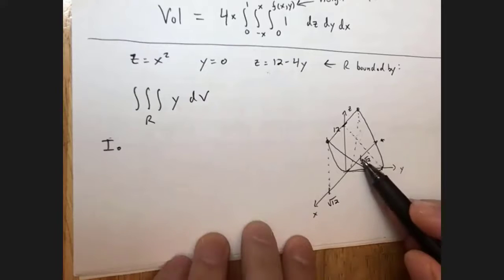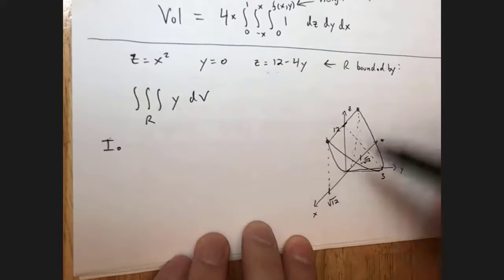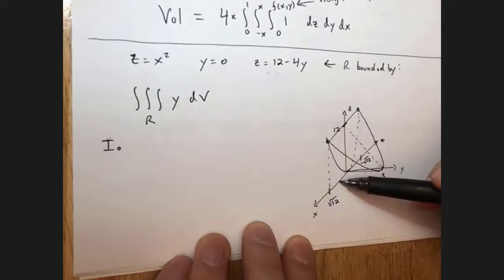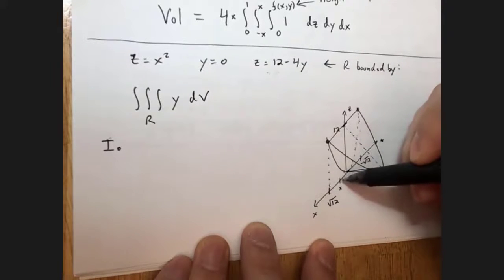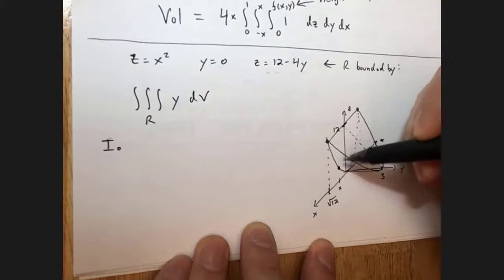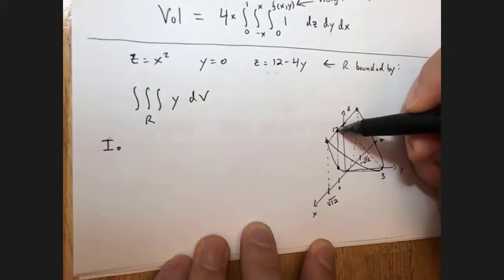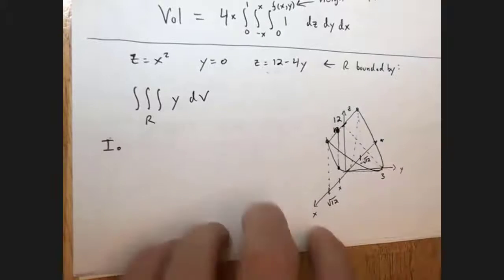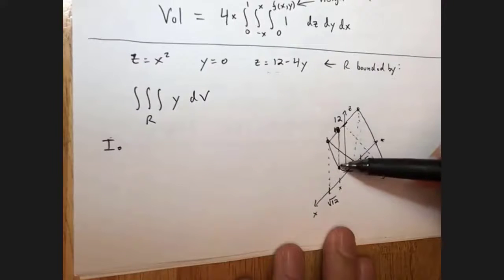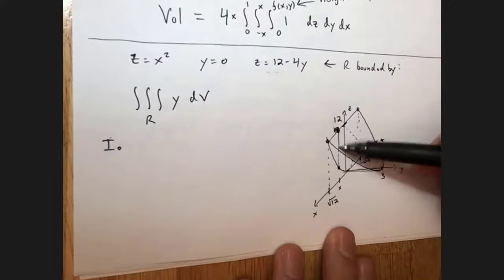So for each x between negative root 12 and root 12, if I take an x in here, what's my z doing? z is ranging from this height up to here. Okay, now I have to rewrite the number 12 because I just scribbled it out. So z is going from here to here.